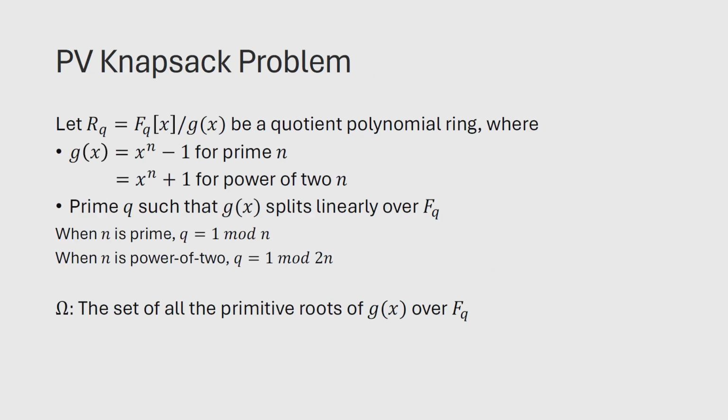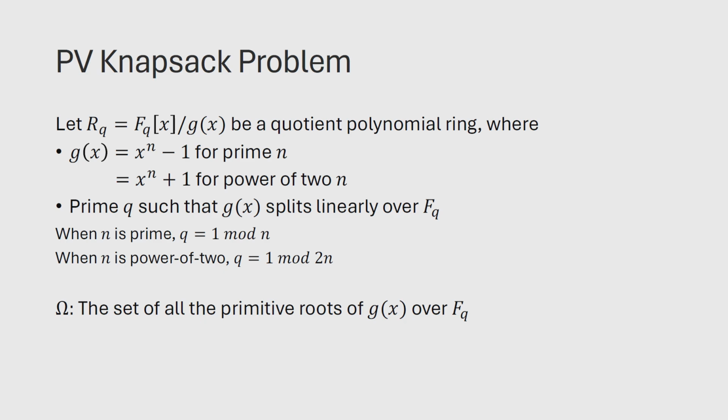To start with, first, let's define a ring R_q, which is defined by a defining polynomial, little g of x, which is equal to x to the power n minus 1 when n is prime, or x to the power n plus 1 when n is a power of 2. So these two little g of x were used in the literature, so I'll only fix into these two cases.